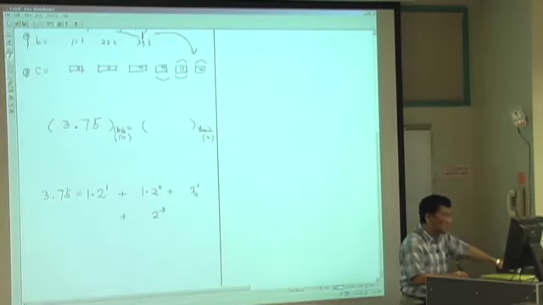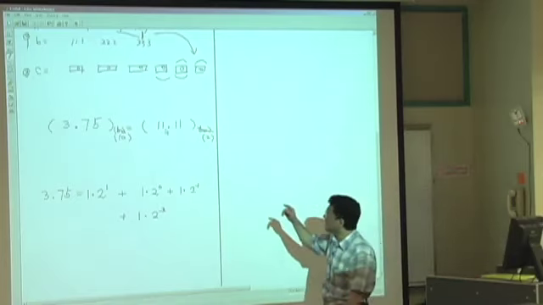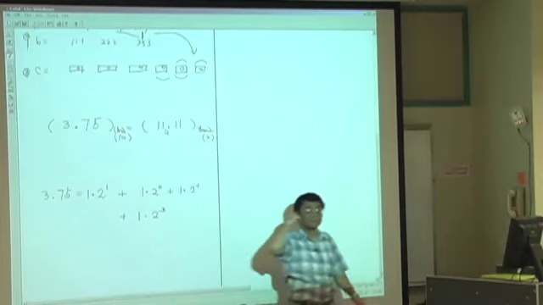So let's determine the coefficients. 2 to the power of negative 1 means 1/2. With 1/2, we have 1/2. So 1 is here. And then 0.25 is here. Then 1 times this one. So because of this, we can write it this way. In other words, any number can be written in terms of a number with base 2, right?